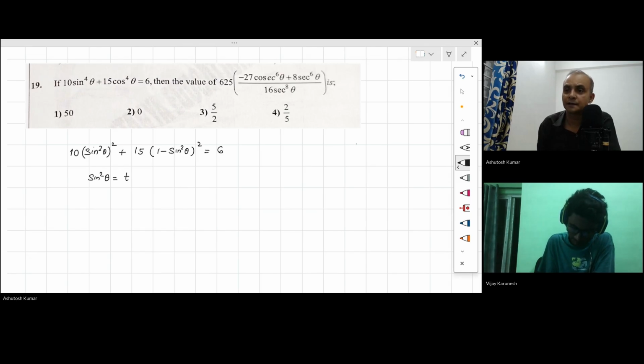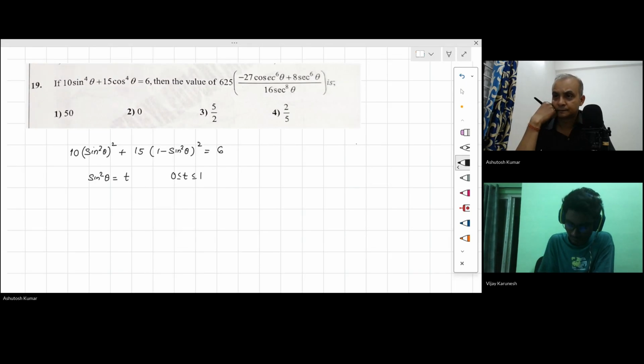Notice that sine square theta is t, so t lies between 0 and 1, correct? Yes, sir. Of course t cannot be 0, but let's find it. Please solve the quadratic and tell me what you are getting.